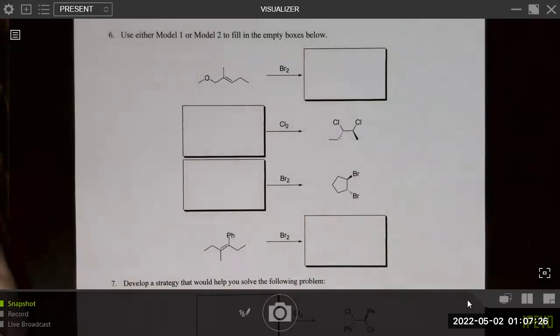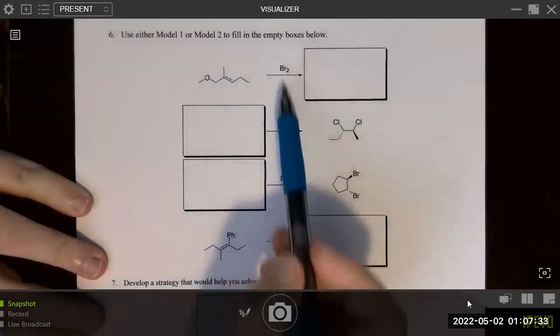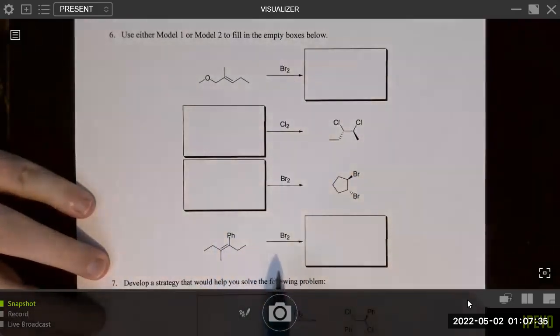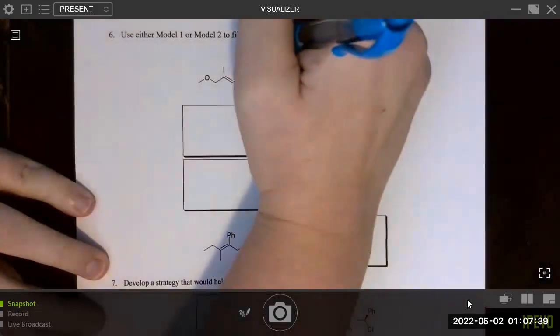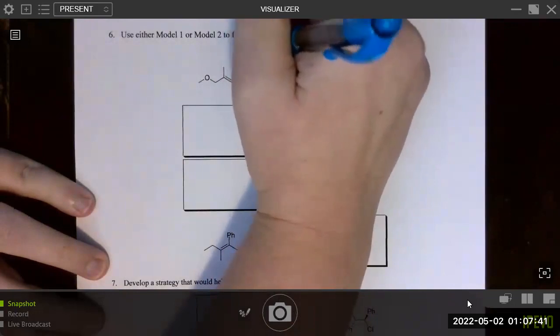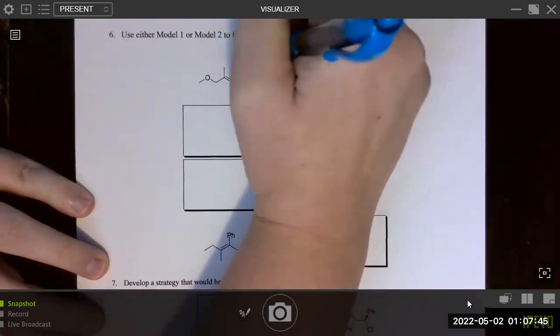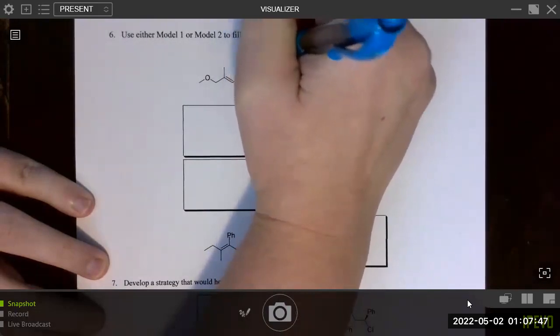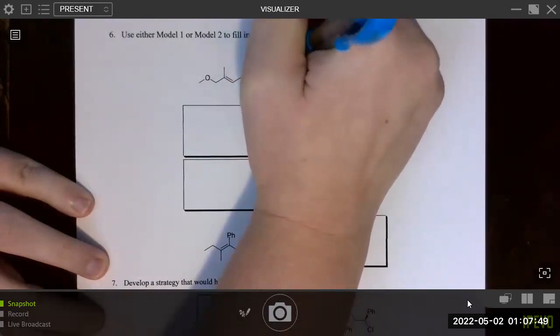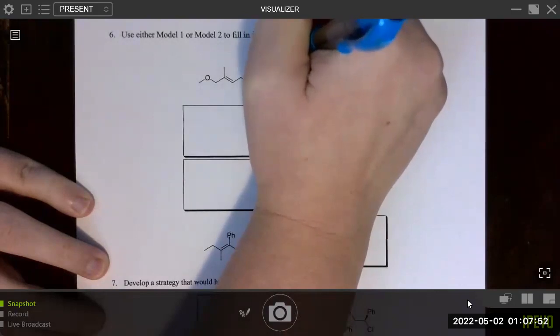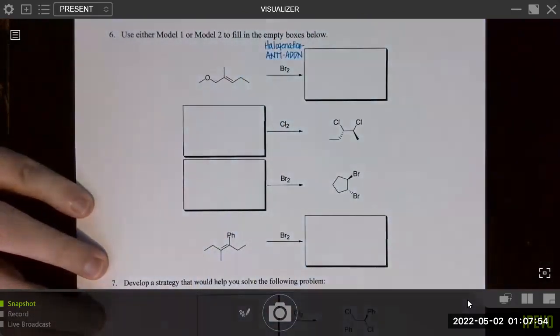So how do we draw products here? One thing we want to remember is the first thing we always look at are the reagents. And remember that halogenation gives us anti-addition. You might have noticed that we haven't been talking about regioselectivity.